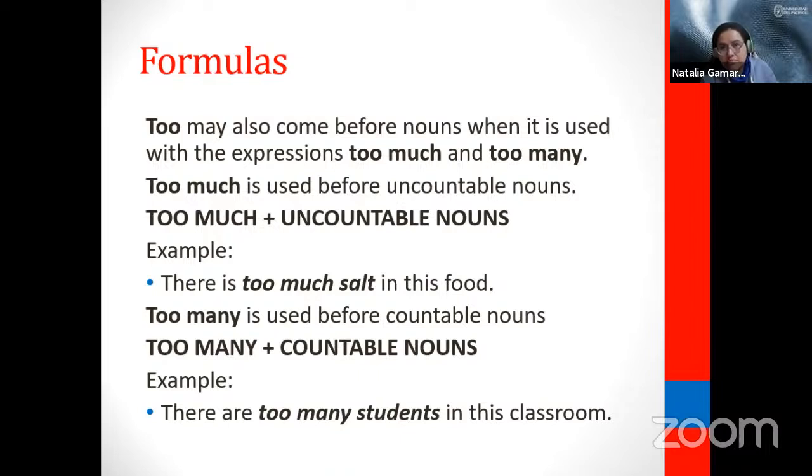Exactly. If I ask you to put those into categories, for example, what would be the category for sugar? Why is sugar uncountable? Because you can't count the sugar, the sugar is uncountable.